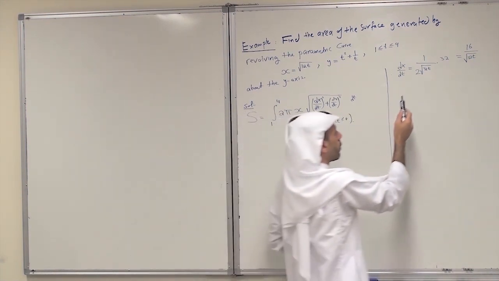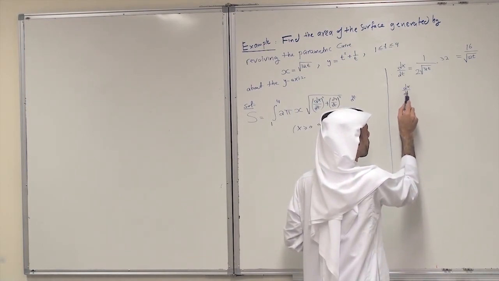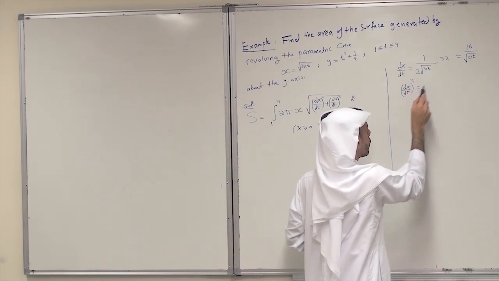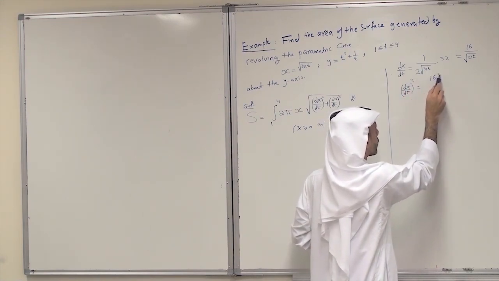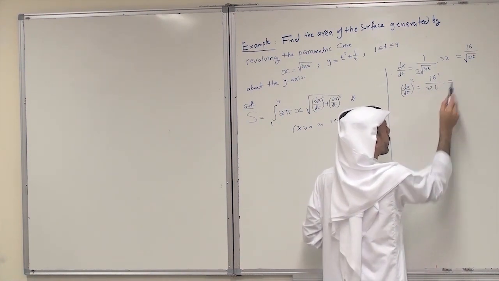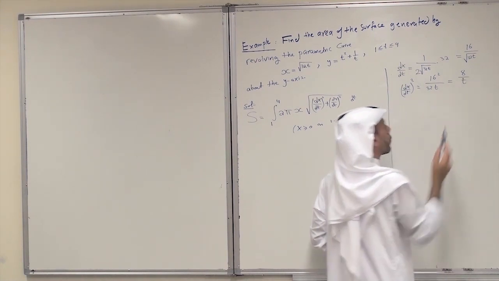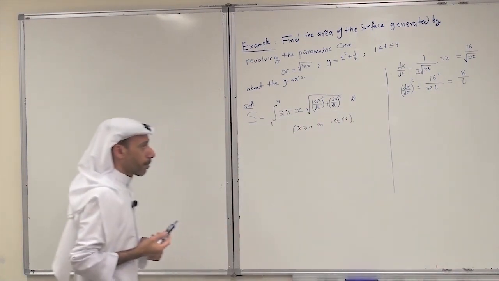When I square, (dx/dt)² is 16 squared over 32t, which simplifies to 8 over t.